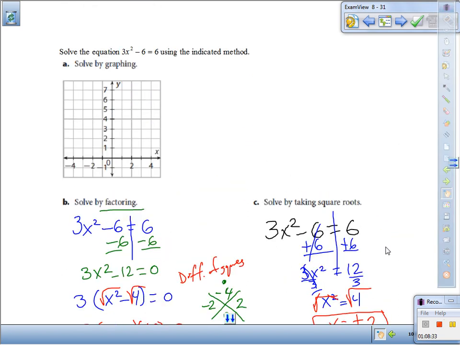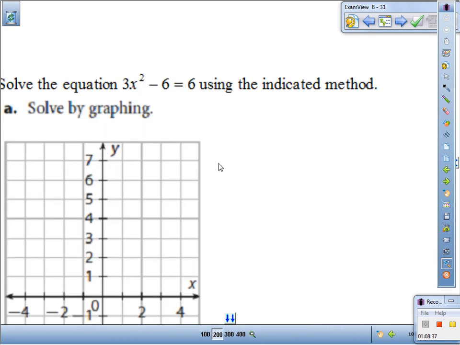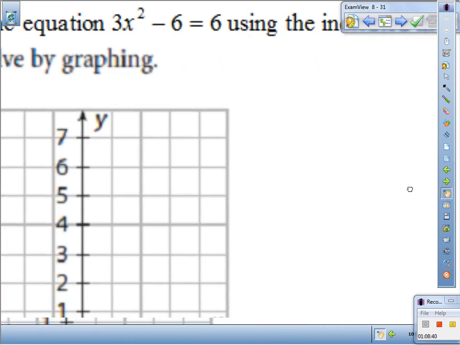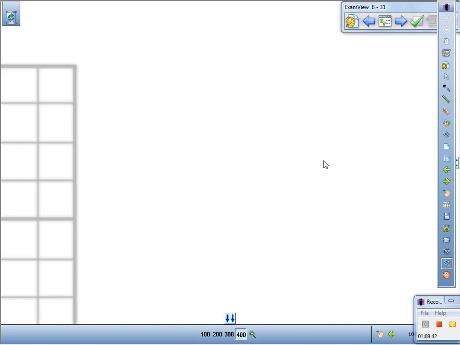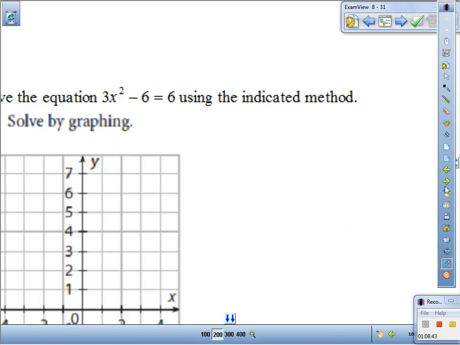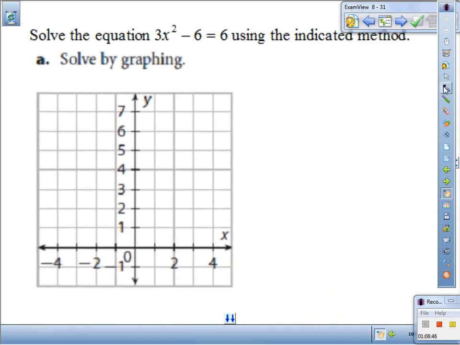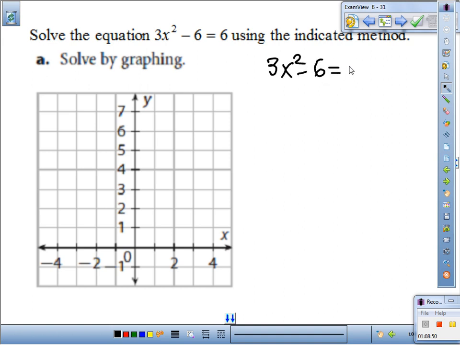All right, last but not least, graphing, the easiest one. Here we go. Let me zoom in. I'm going to write it here on the side. Let's write 3x squared minus 6 equals 6. Once again, we need to get everything on one side.